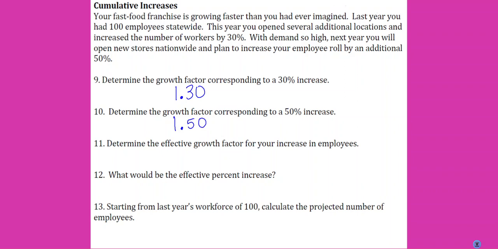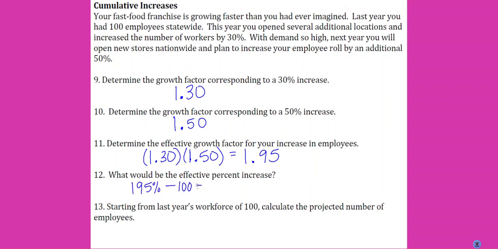So the effective growth factor, we would multiply our two growth factors together. So 1.95. That would be 195%.